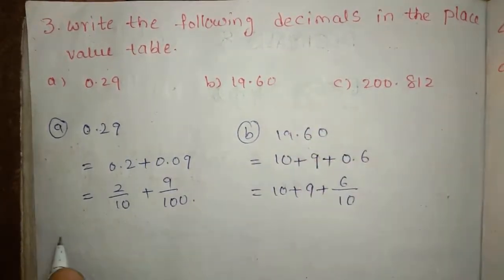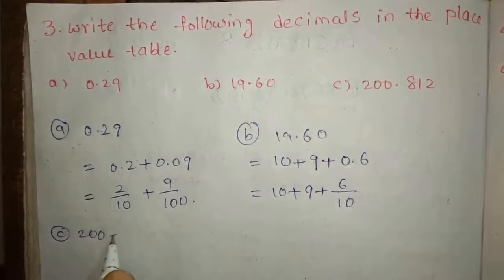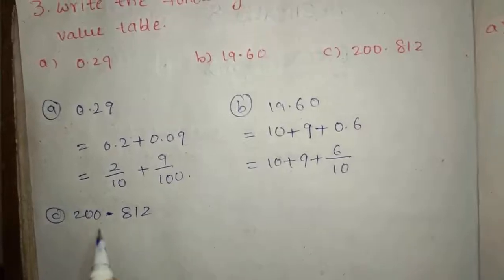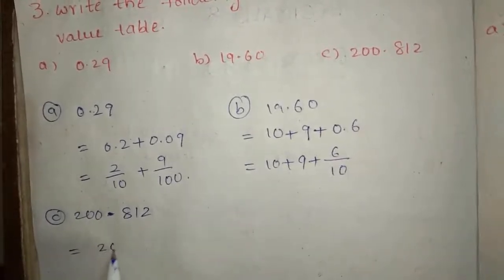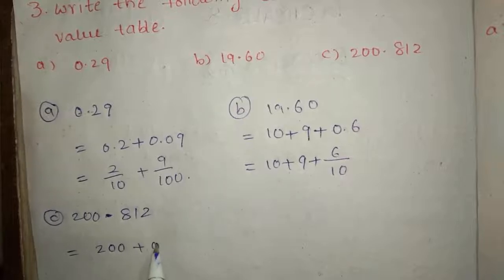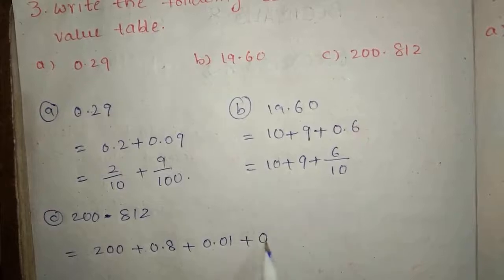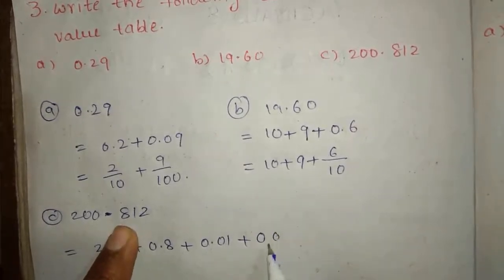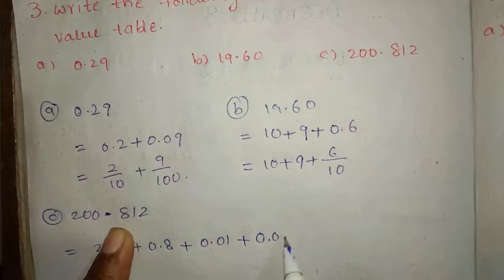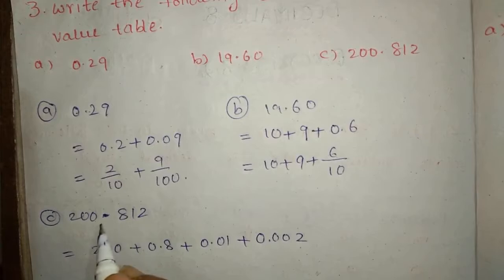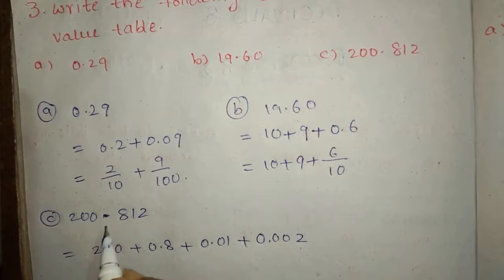Okay, next C, 200.812. Here it can be written as 200 plus 0.8 plus 0.01 plus 0.002.